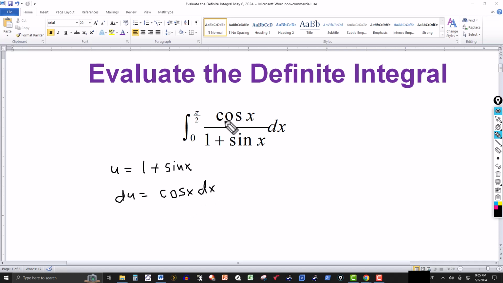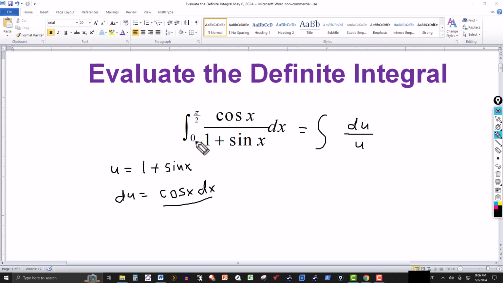So notice in the numerator I have cosine x dx. So this will equal the integral, and in place of the cosine of x dx, that's equal to du. So I'm just going to put du here, and the 1 plus sine of x will be u.